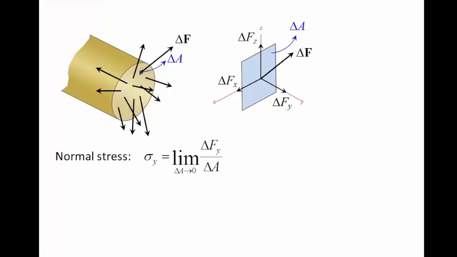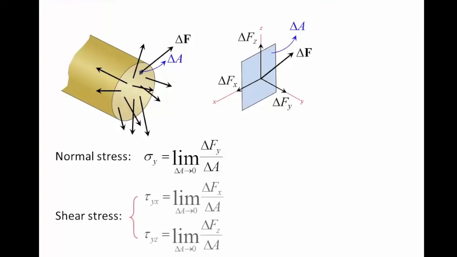And the shear stresses tau at this point are defined as the force components along the x and z directions over delta A, respectively. Note that the shear stress has 2 subscripts. The first subscript indicates what surface it is. Surfaces are defined by its normal direction, in this case, the y direction.